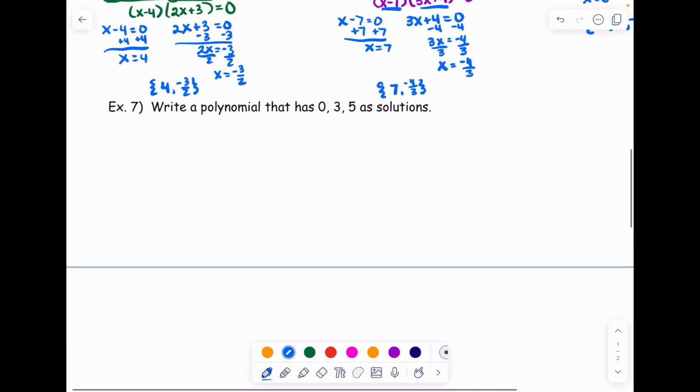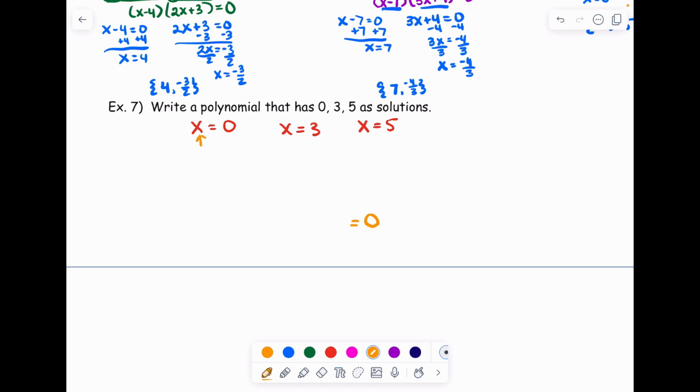Okay, so now we're going to go backwards. Now I'm going to give you the solutions, and you tell me what polynomial it could be. So I want you guys to think backwards here. Well, right now we have x equals 0, x equals 3, and x equals 5. Those are our solutions. Well, we needed the factors, and each factor, in order to make my polynomial that's equal to 0, would have to have 0 on one side.